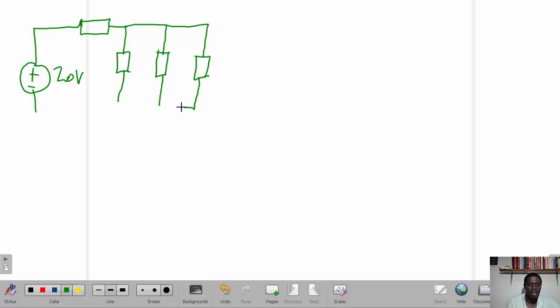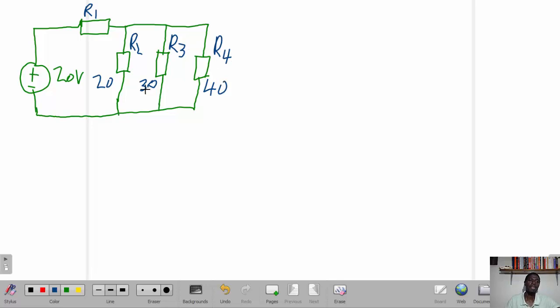If you remember, all these resistances are connected like so. And the values for these resistances were: this was 20, this resistor was 30, and this resistor was 40. So this is resistor 1, resistor 2, resistor 3, and resistor 4.